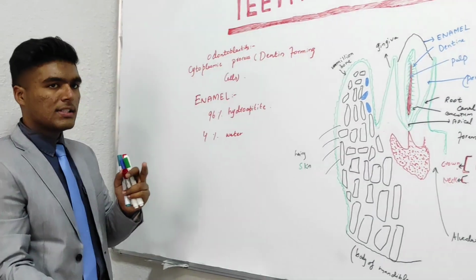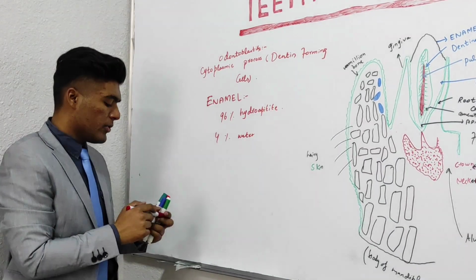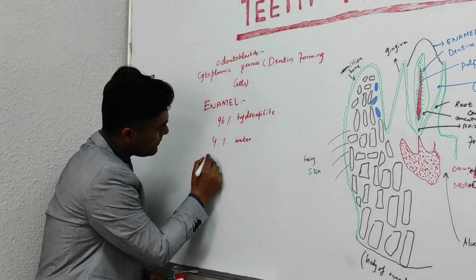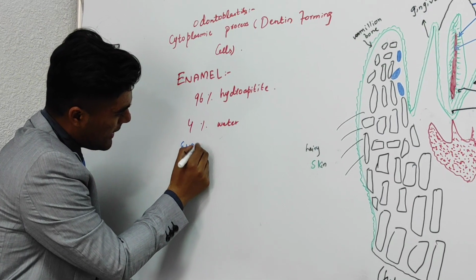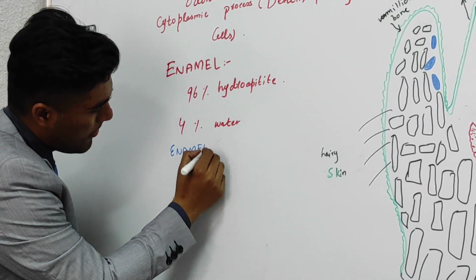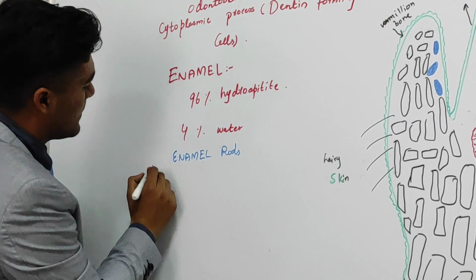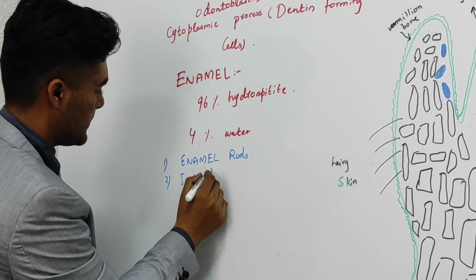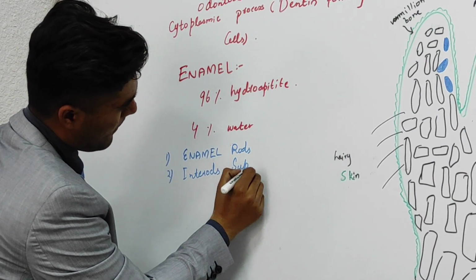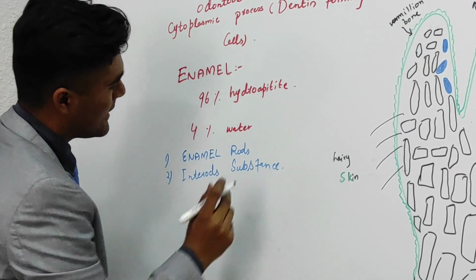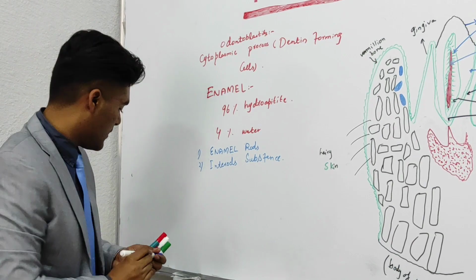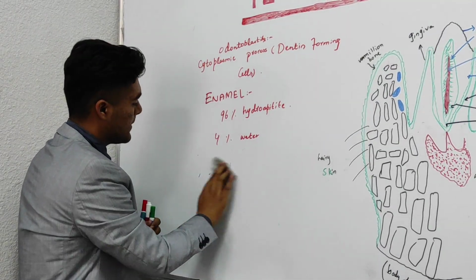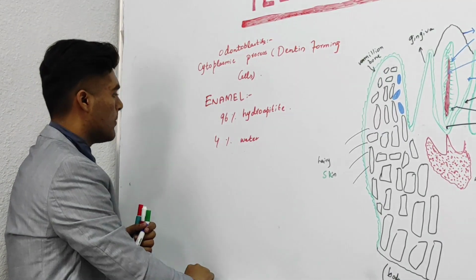When we are discussing the histology of enamel further, we have enamel rods and interrod substances. Discussing the histology of enamel rods, we should know about their width, their length, and where they originate from.